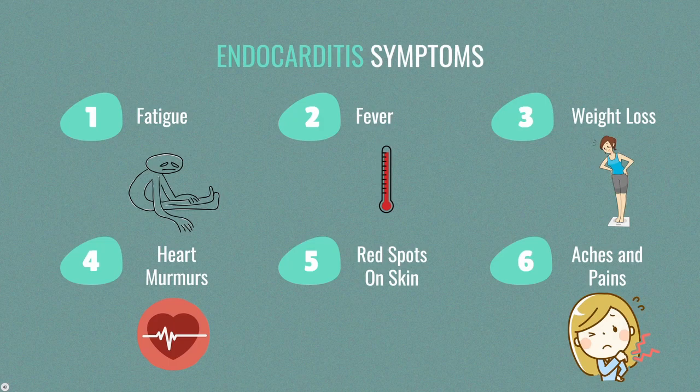If you have acute endocarditis, the symptoms will be a fever of 102 through 104 Fahrenheit, chills, fast heart rate, fatigue, night sweats, aching joints and muscles, persistent coughs, or swelling in the feet, legs, or abdomen. If you have chronic endocarditis, the symptoms will be a mild fever of 99 through 101 Fahrenheit, fatigue, a moderately fast heart rate, weight loss, sweating, and anemia.